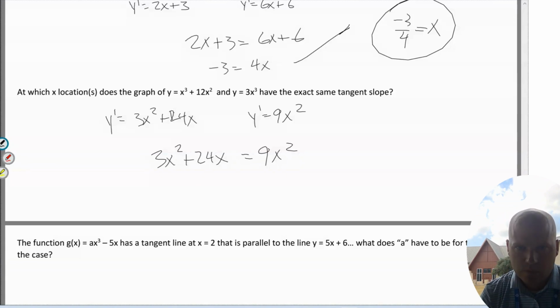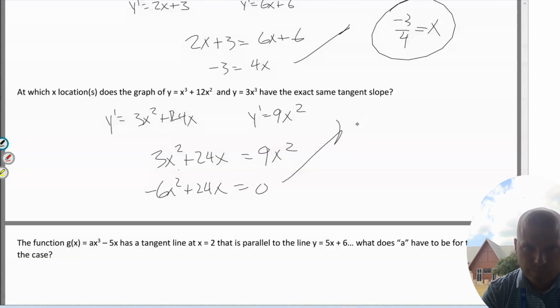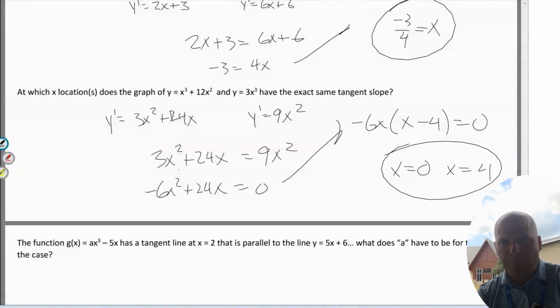Factor, solve. Both at 0 and at 4, these equations have the same slopes.